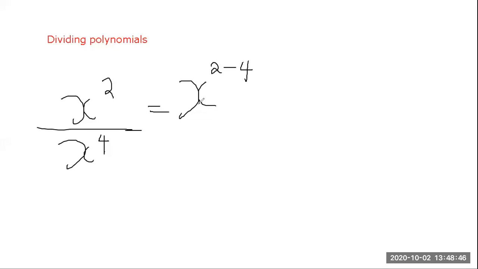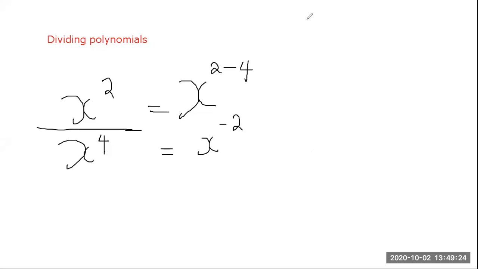So with this one, I'll do x and then 2 minus 4. Instead of adding, I'm subtracting, right? So then this is x to the negative 2, because 2 minus 4 is negative 2. Okay, so if I'm dividing, then this becomes x to the 2 minus 4.